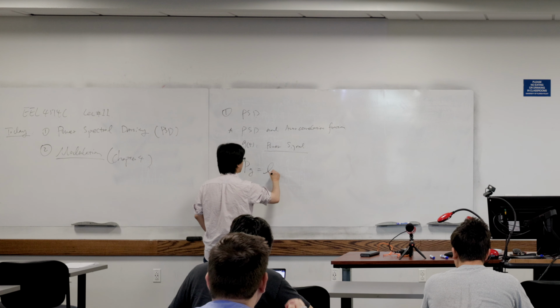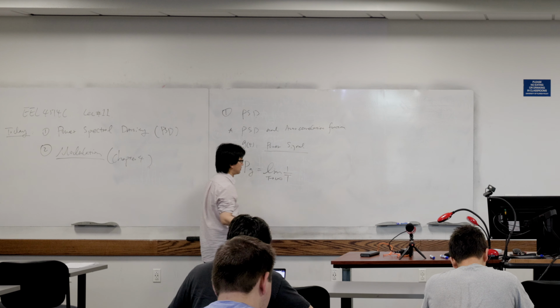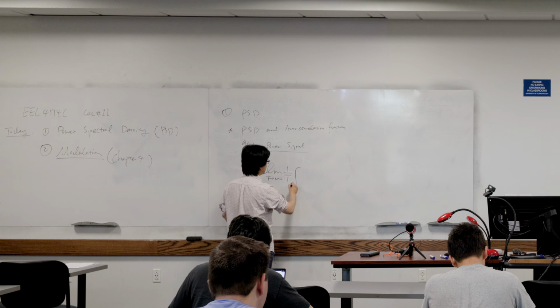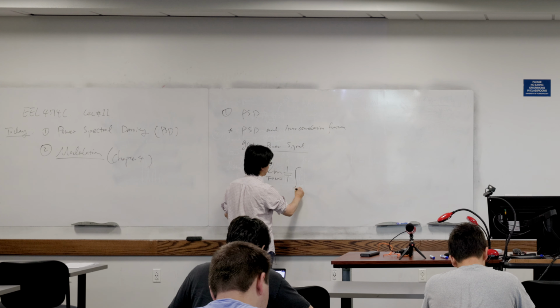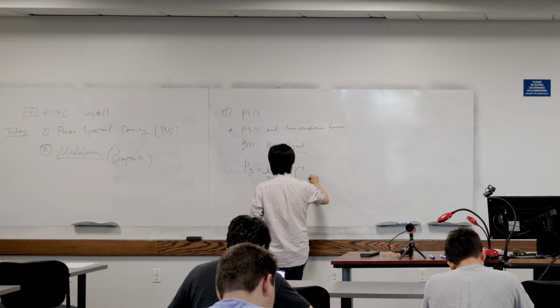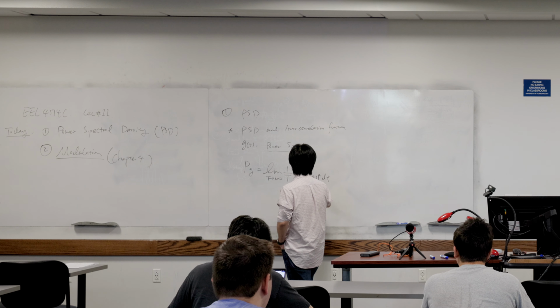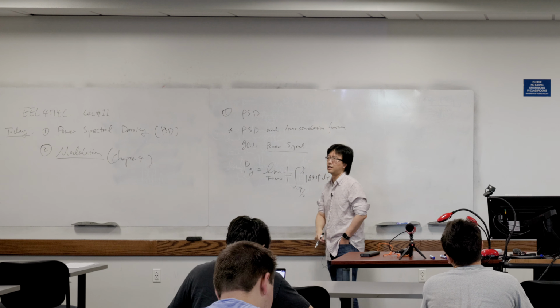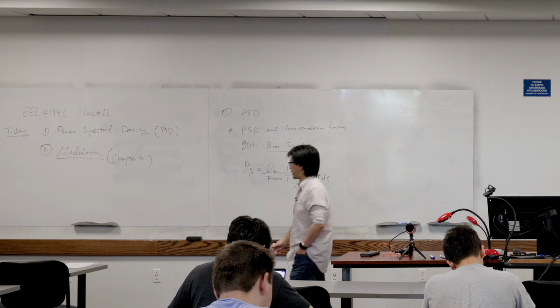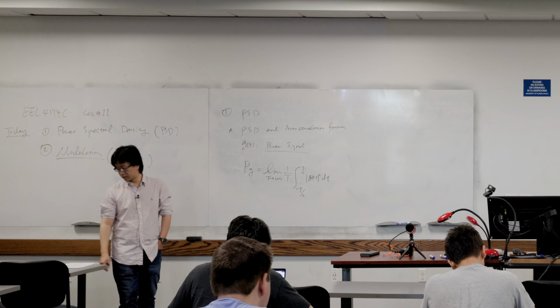Very good. 1 over T. And then the integral from negative T to T of g of t squared dt. Almost. We just put a half here to make the length equal to T. Very good.